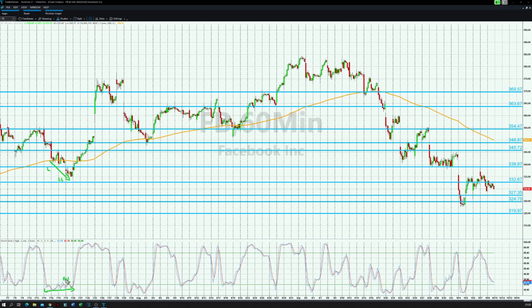Why is that? How is that even possible? It's simple, because of the math behind how the stochastic is created, or the percentage R, or the momentum. Basically, all momentum indicators calculate the price behavior and compare it to previous average price behavior. So what does it mean?